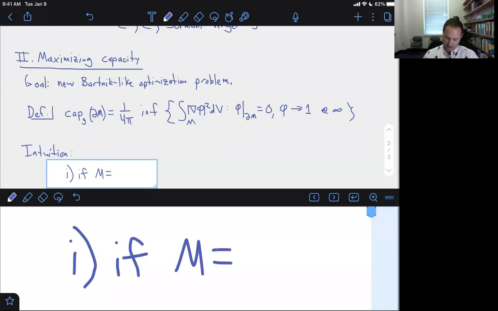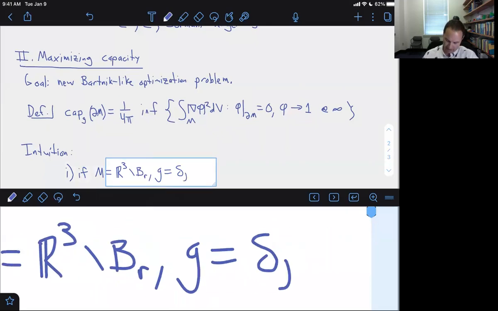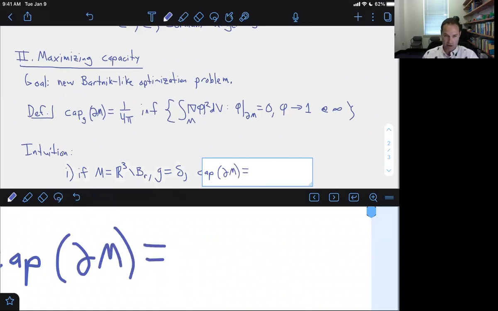If M is R3 minus a round ball of some radius, and the metric G is just the Euclidean metric, then the capacity of the boundary in dimension 3, the capacity of a round ball, is just the radius of the ball.